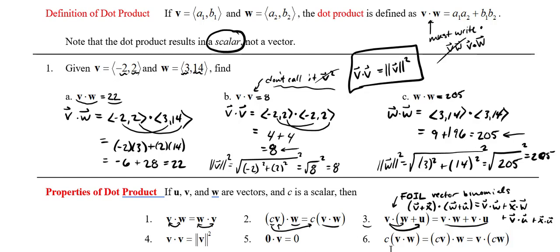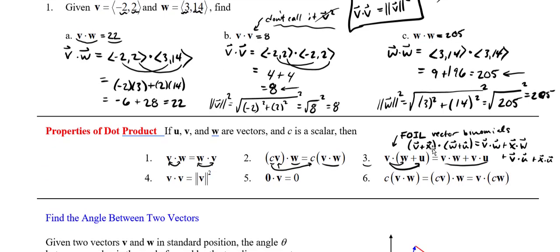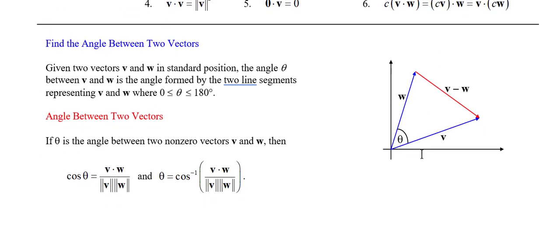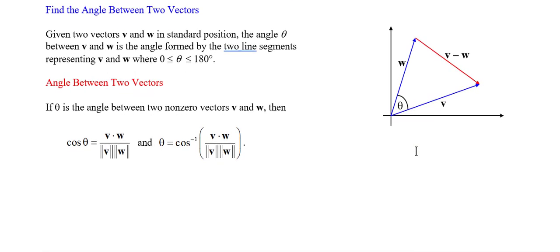And here, this one I would say is pretty similar to what property 2 was saying, but it's saying really that scalar, not only can it be put outside of a dot product, but it can instead be put to the other vector first before dotting. So really it's saying a scalar can go to any part of a dot product. It can go to the V or the W or outside of the V dot W. Just some nice little properties there. It's going to help you be able to work with these things more easily.